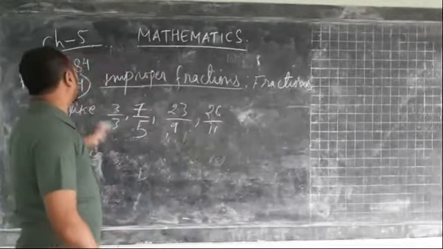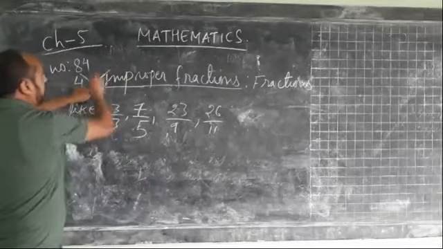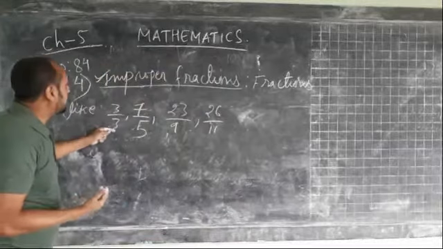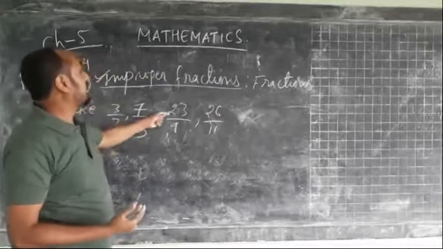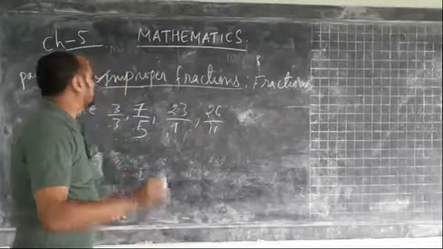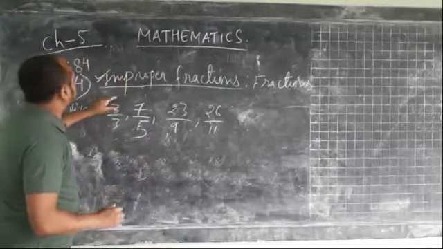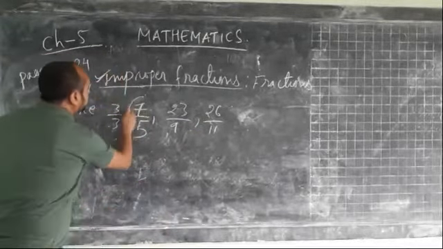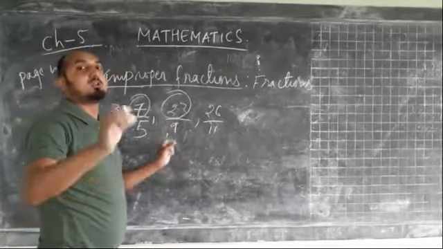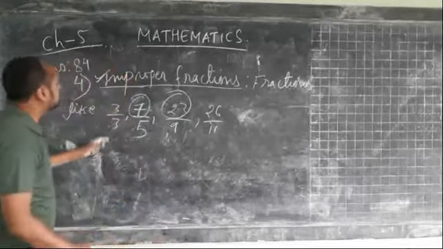Okay, next one we have improper fraction. So improper fractions are like 3 by 3, 7 by 5, 23 by 9, 26 by 11, in which we can notice that the numerator value is greater than or the same as the denominator.